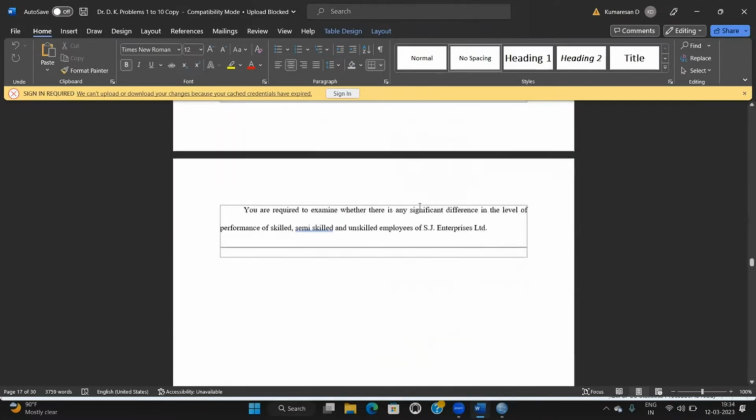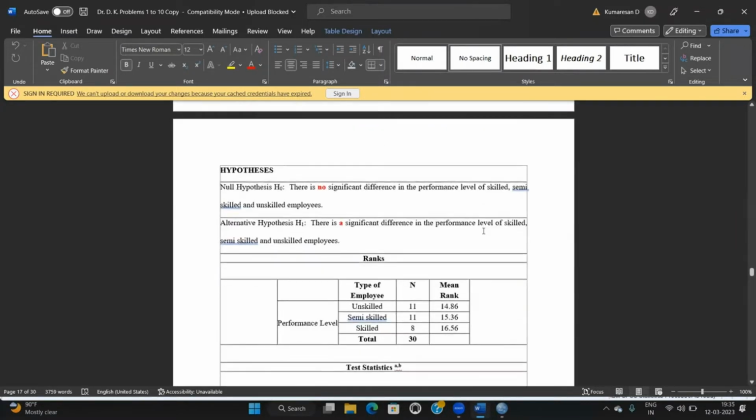So look at the question. You are required to examine whether there is any significant difference in the level of performance of skilled, semi-skilled, and unskilled employees. First of all, we have to formulate the hypothesis. Null hypothesis.